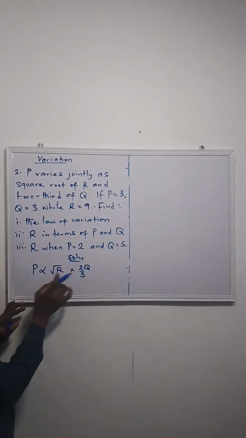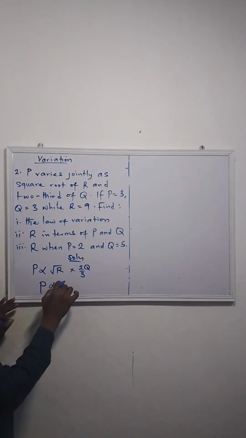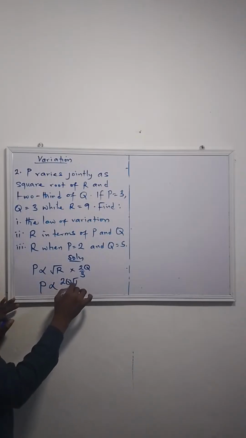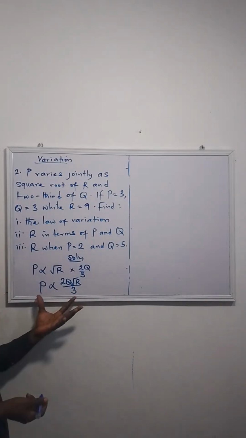Okay, so I can tidy it up now as P varies as 2Q square root of R over 3. So this is the combined variation.